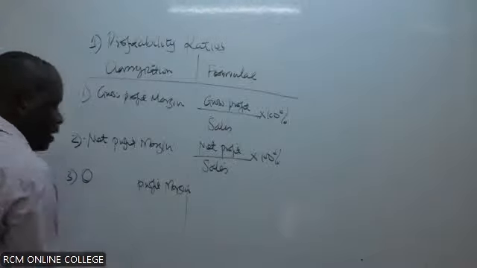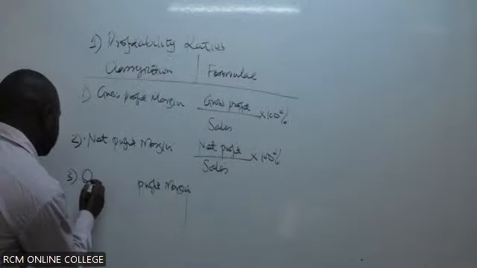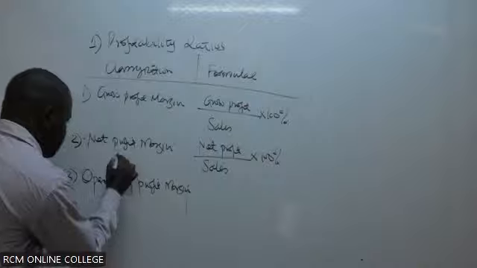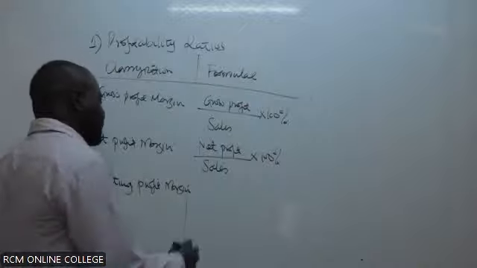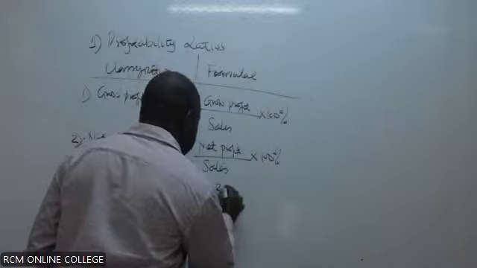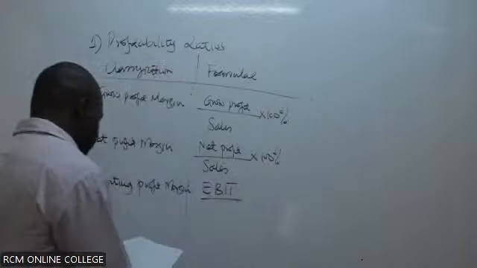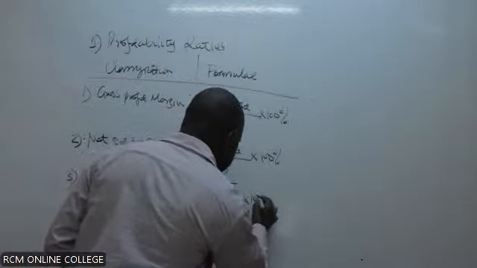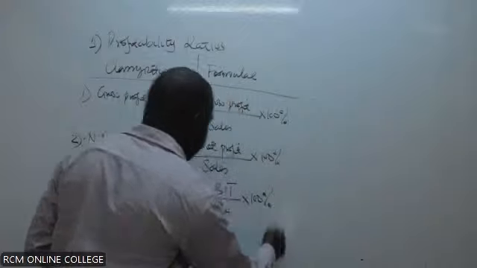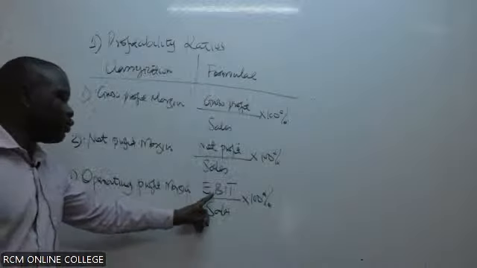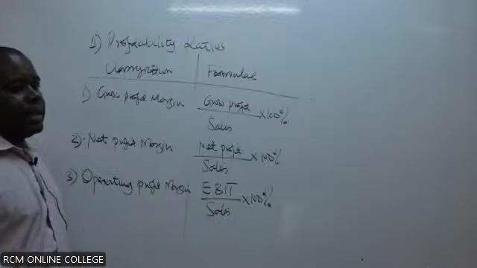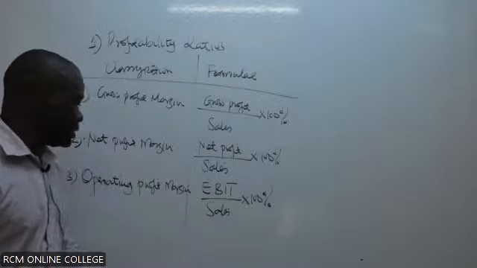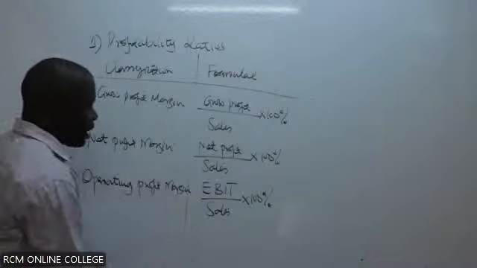So with the operating profit margin ratio, you take the earnings before interest and tax, you divide by the sales, you multiply by 100%. The earnings you have before you deduct interest and tax, you divide by the sales, you multiply by 100%. It will give you the operating profit margin.